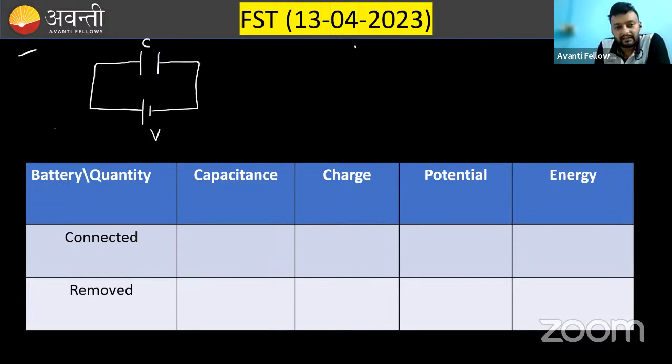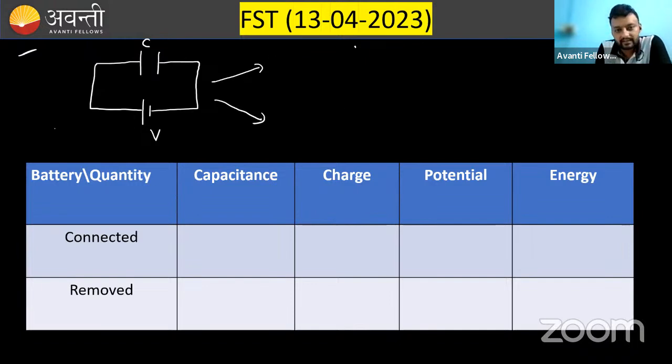Now, they will say two things. There will be two scenarios. One scenario is that they will remove the battery and insert the dielectric between the capacitor plates.